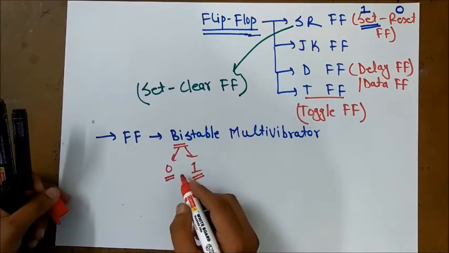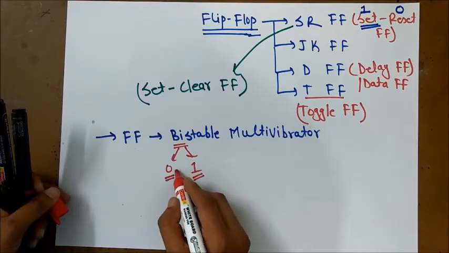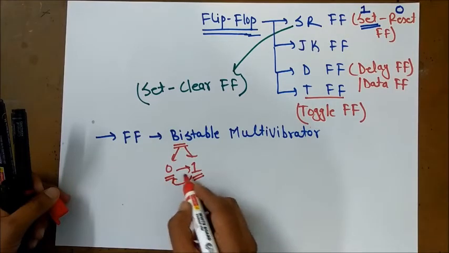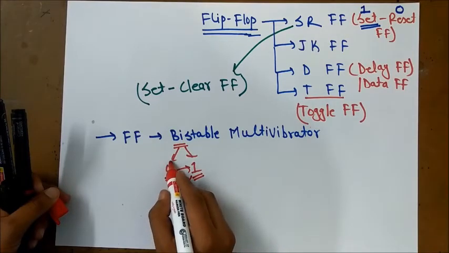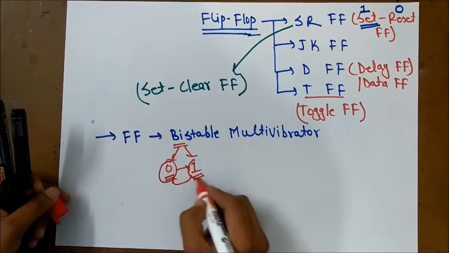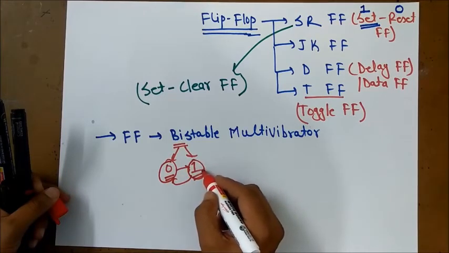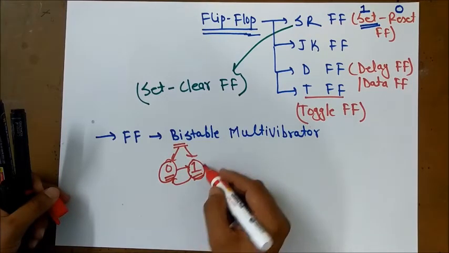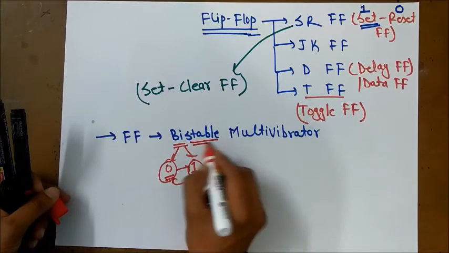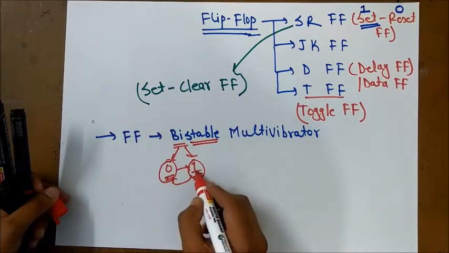With respect to a change in input, your output gets modified from 0 to 1 or from 1 to 0, but it can remain stable at state 0 or 1 for an indefinite amount of time if we do not change the input. That's why it is known as bistable.